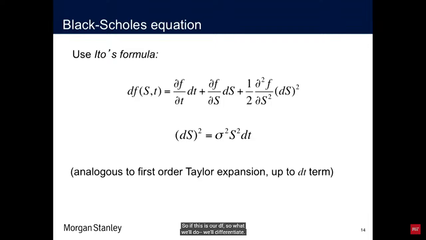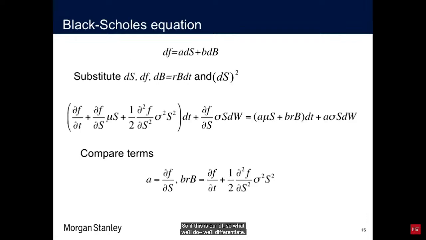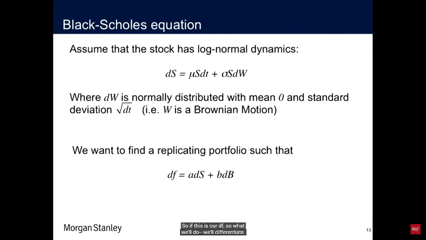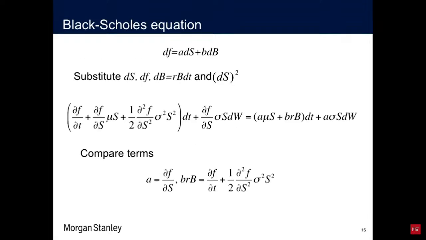All right, so this is our df. So what we'll do, we'll differentiate, and we'll just substitute it here, right? We'll substitute df, taken from Ito's, our ds, which is like this, and db. And db, let's not forget that b is deterministic, right?